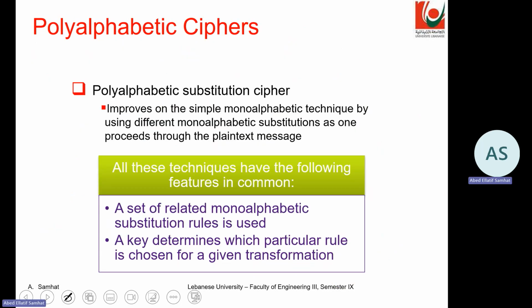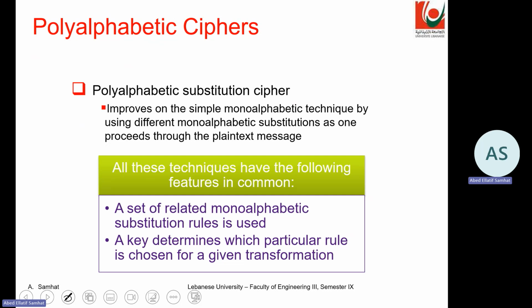As we said, the polyalphabetic substitution cipher is improved in comparison to the monoalphabetic technique. It's improved because we are using different monoalphabetic substitutions, and the key is used by a particular rule chosen for a given transformation.